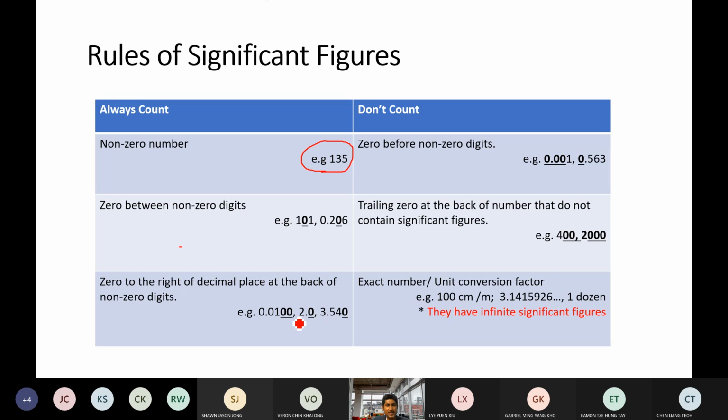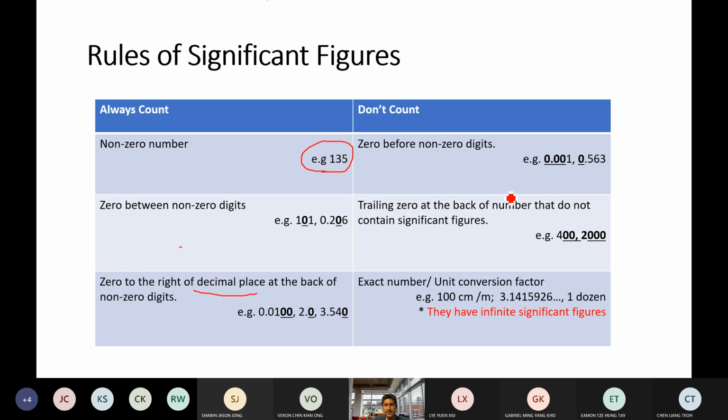And trailing zeros, the zeros at the end of significant figures after the decimal places, should always be counted.